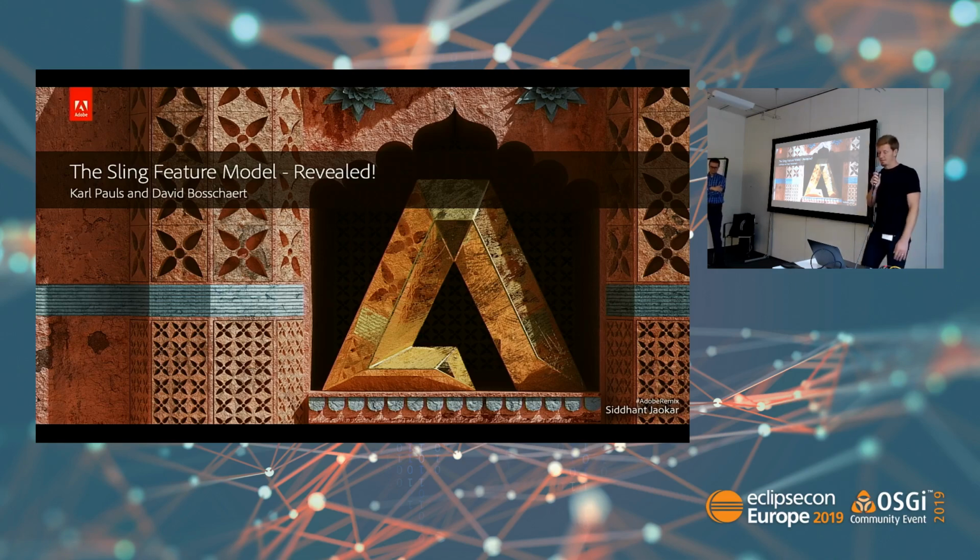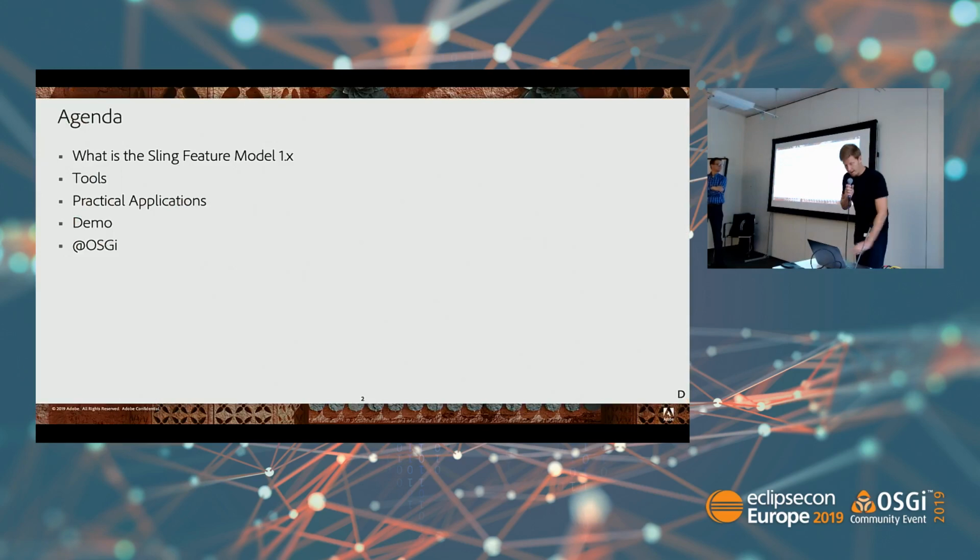It started in Sling mainly as a way to organize Sling and other things that are based on top of Sling. But by now we're trying to make it part of an official OSGi spec. We will hear about it later. So it is not only Sling specific, hopefully, but it's not Karaf features.